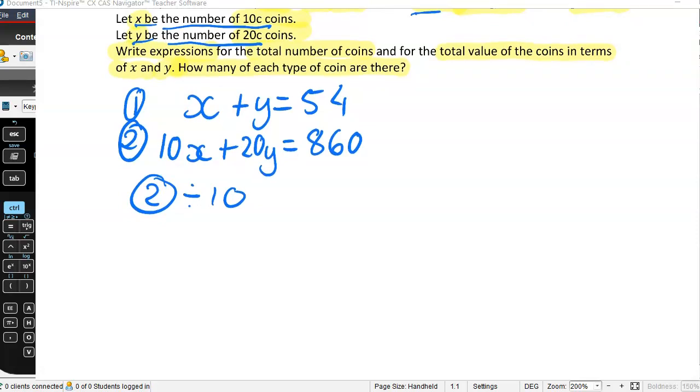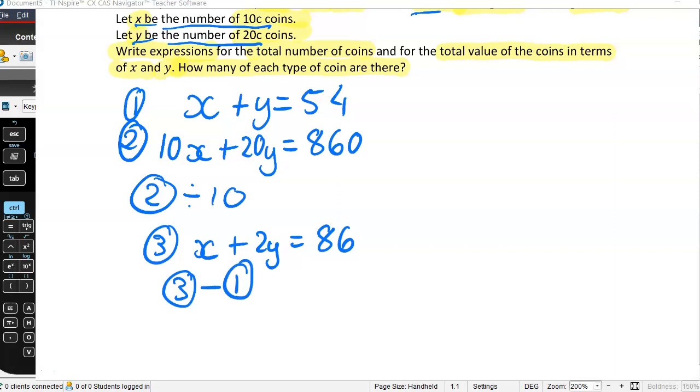So 10x divided by 10 is x. 20y divided by 10 is 2y. So it's 86. Okay, that's looking better. So what shall I do? I'm going to go equation 3, take away equation 1.